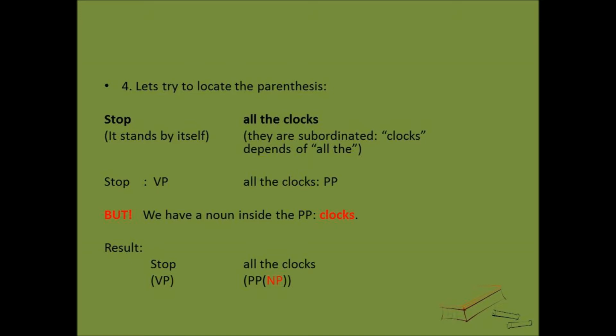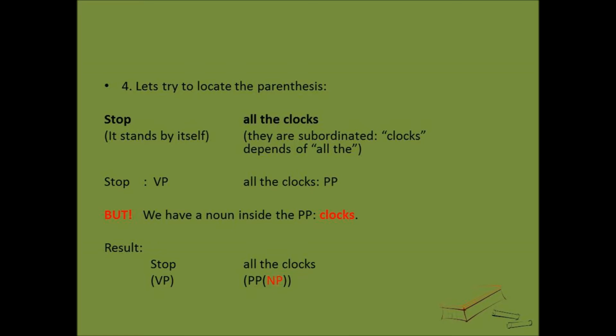Once we have identified the different categories of the words, we can move on to the next step, which is to try to locate the parentheses. In this case, stop, it stands by itself, right? All the clocks, well, they are subordinated. Clocks depends on all the, okay?